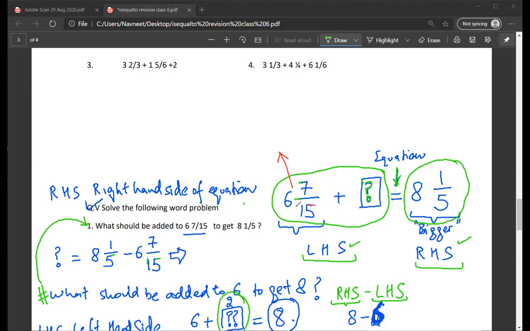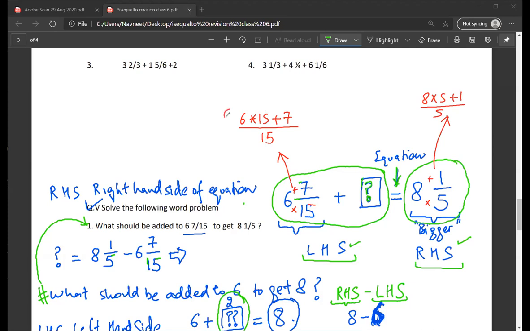So 6 into 15 plus 7, upon 15. Is it correct? Yeah. How will you write 8 1 by 5 as an improper fraction? 8 into 5 plus 1, upon 5.